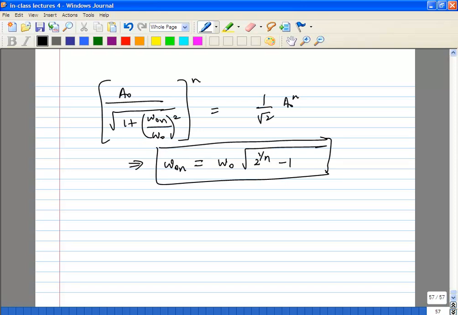So the overall bandwidth for an n stage cascade is nothing but omega naught times root of 2 power 1 over n minus 1. Okay, that's very easy. So you just A naught gets cancelled. 1 plus omega n over omega naught, whole squared, is nothing but 2. Okay, whole power n is nothing but 2.